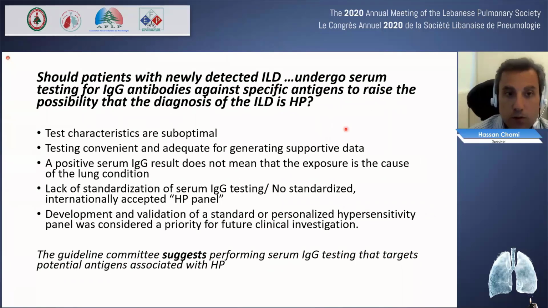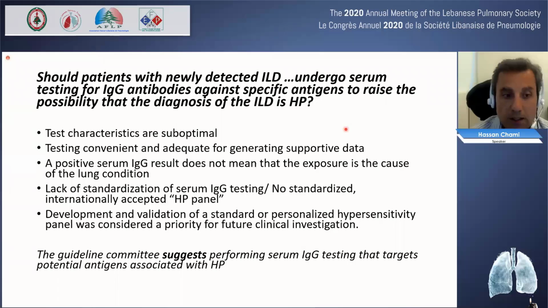The other important question was whether patients with newly detected interstitial lung disease in whom HP is being considered should undergo serum testing for immunoglobulins against specific antigens. And with the review of the literature, the test characteristics were found to be really suboptimal, below 50% in both sensitivity and specificity.